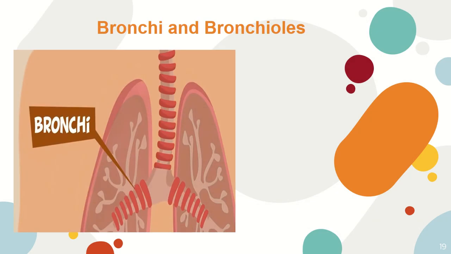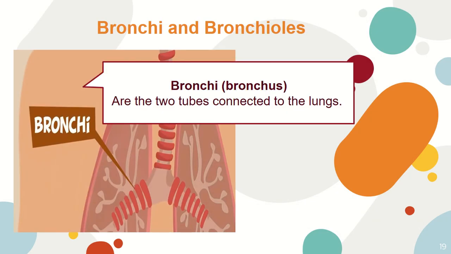Now, the next parts are the bronchi and the bronchioles. Bronchi is the plural form, and bronchus is the singular form. The bronchi are the two tubes connected to the lungs. This is what we call our bronchi.